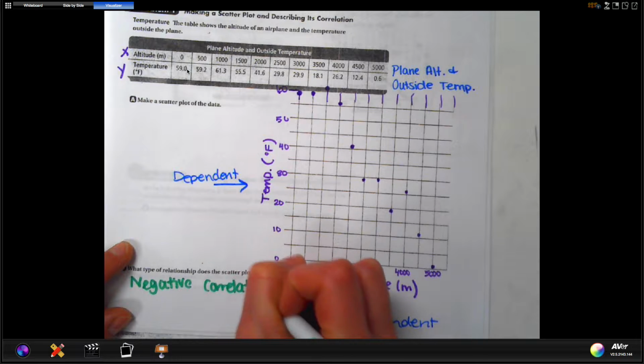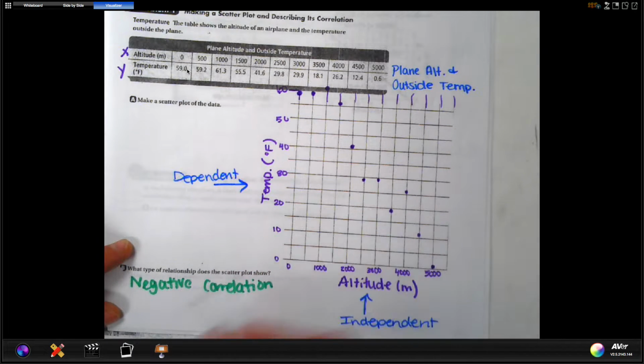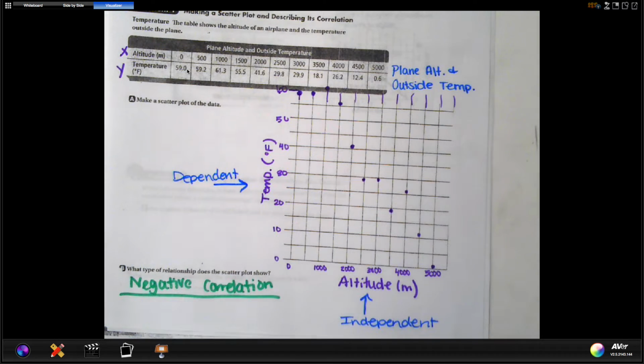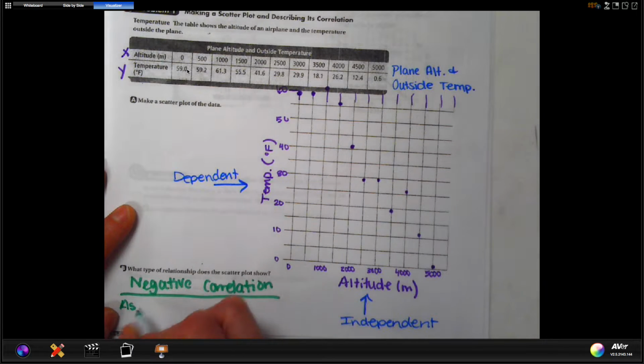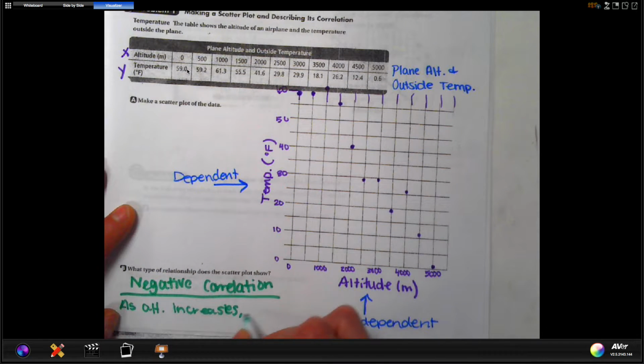It is showing that as your altitude increases, what happens to your temperature? That's right. So a negative correlation says as our altitude increases, the temperature decreases.